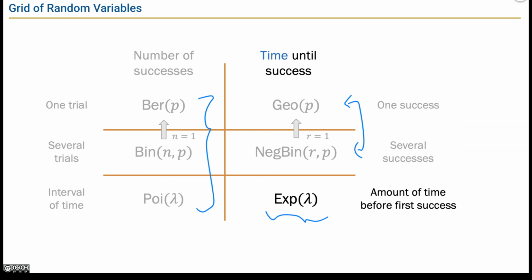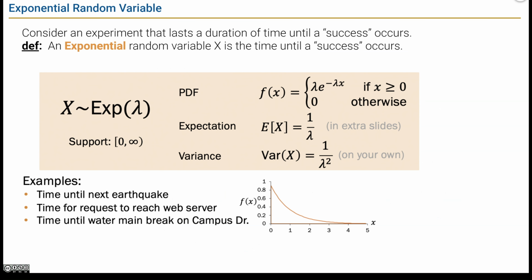This is actually a continuous random variable because it is going to be modeling the amount of time before the first success. And in particular, we're going to see in a minute how it is very related to the Poisson distribution. Okay, so what do I mean? Well, let's assume you have some experiment.